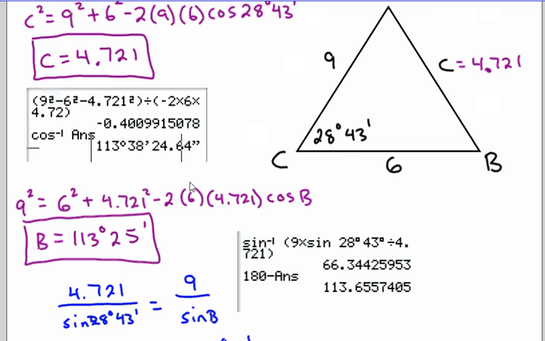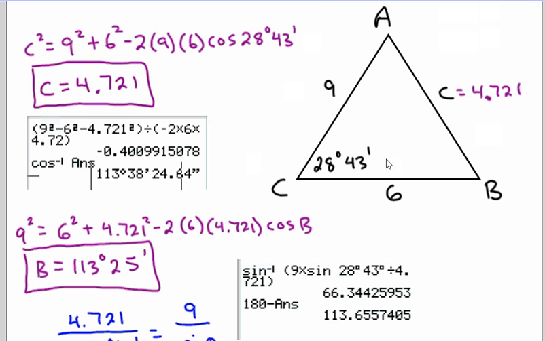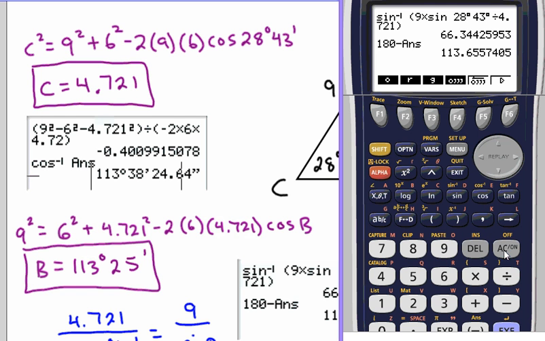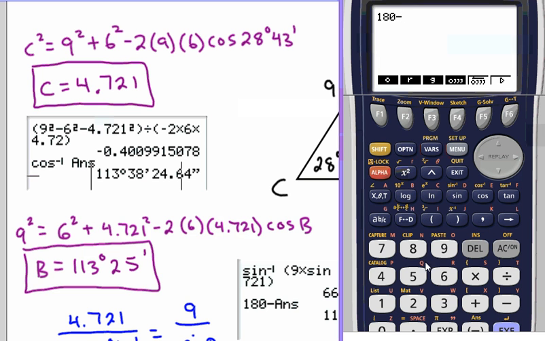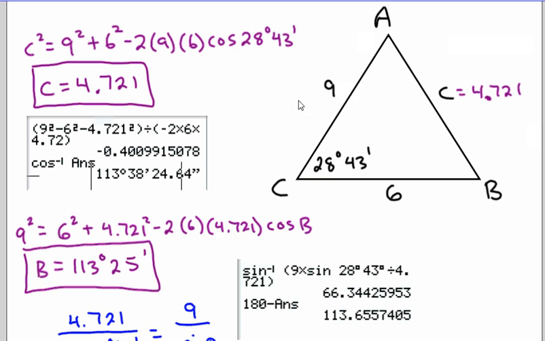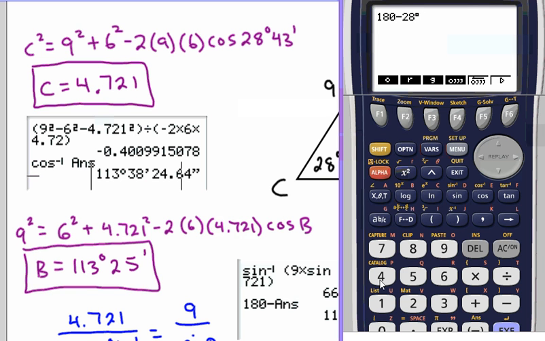Okay, now we know two angles. To find the third angle, we can just subtract them from 180. Right, so I'll do 180 minus, we were given 28 degrees, what was it, 43 minutes. 28 degrees, 43 minutes.